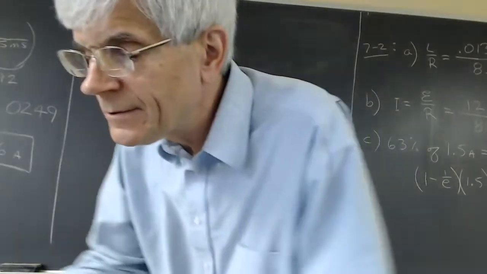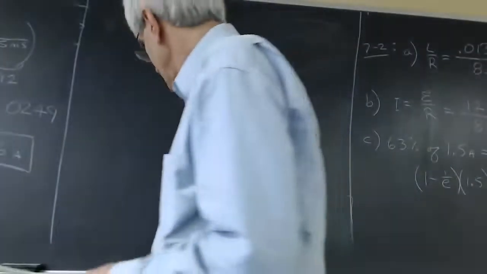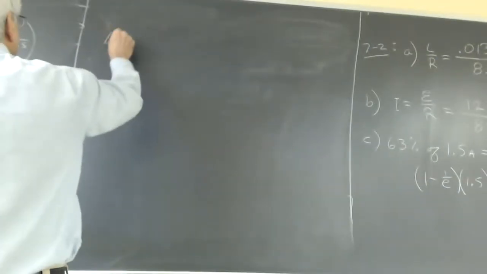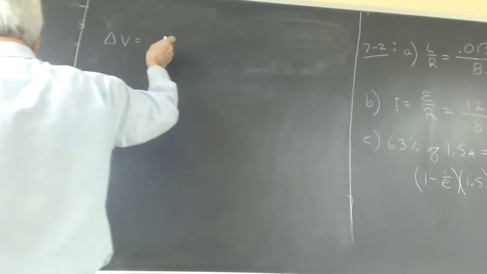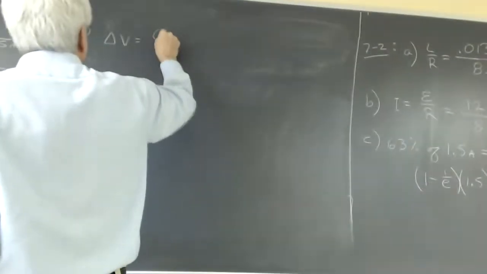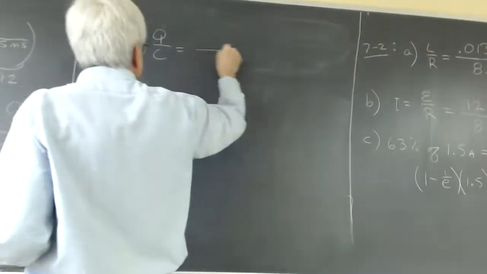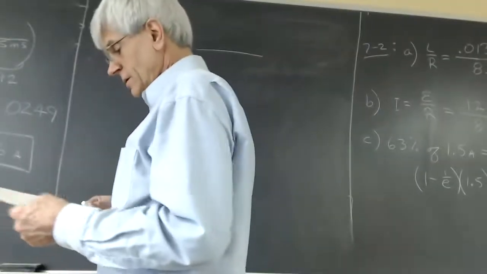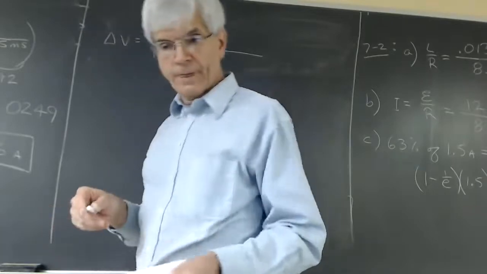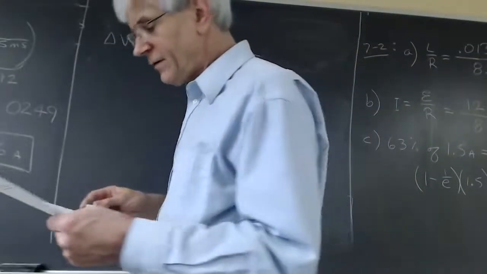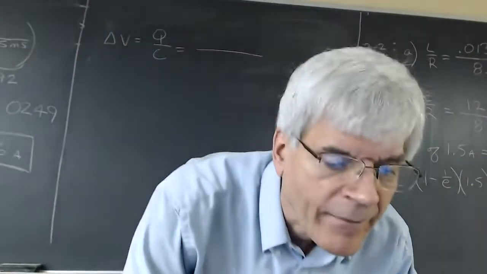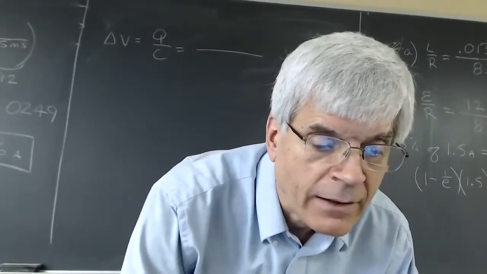So you've got delta V equals Q over C. Well, you've got this formula for Q, which is the one for when it's discharging.